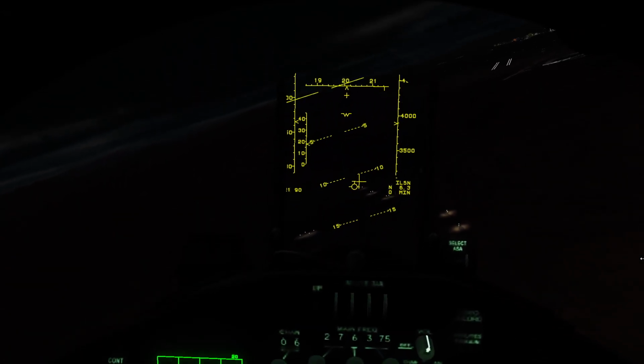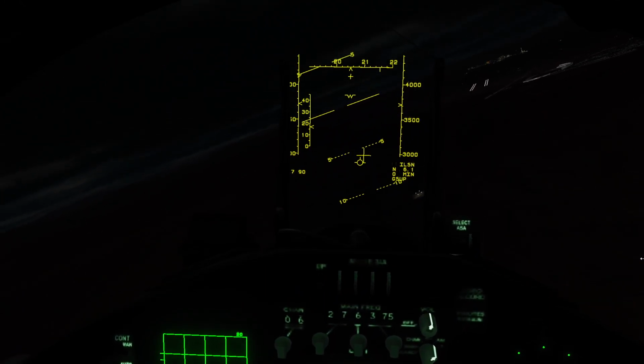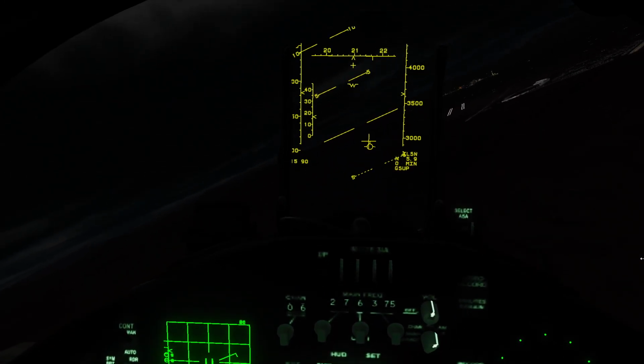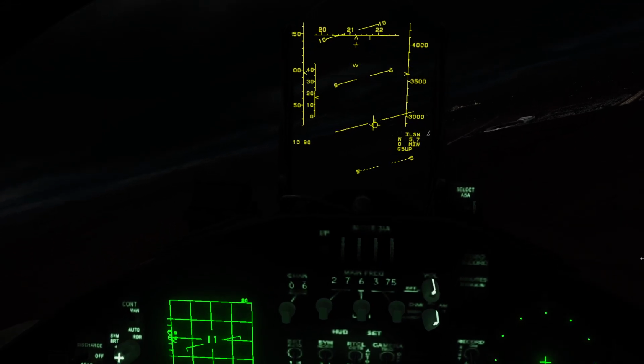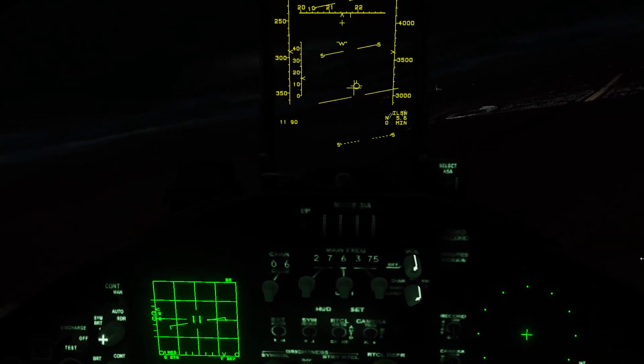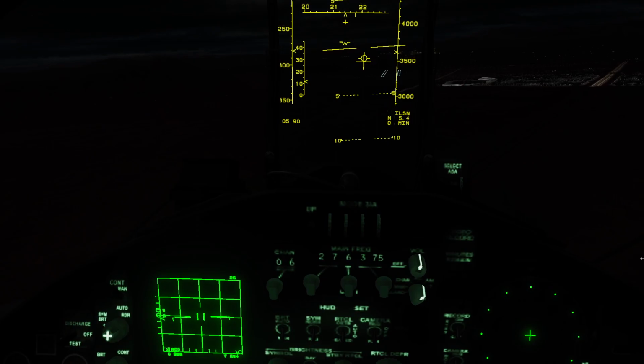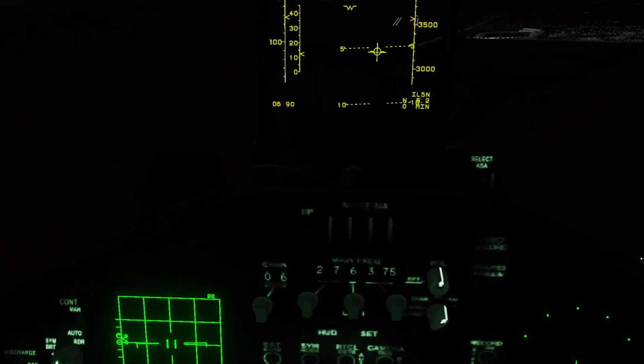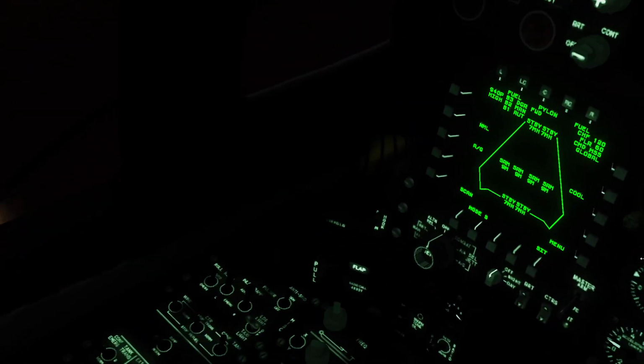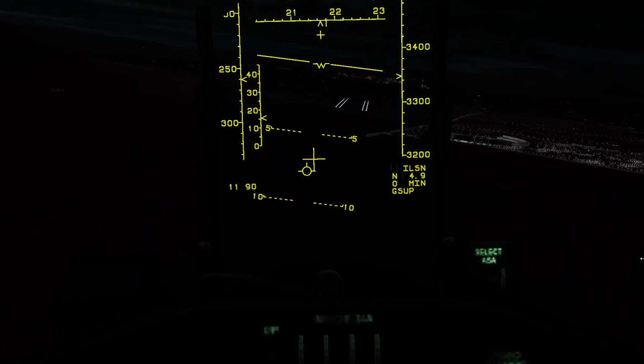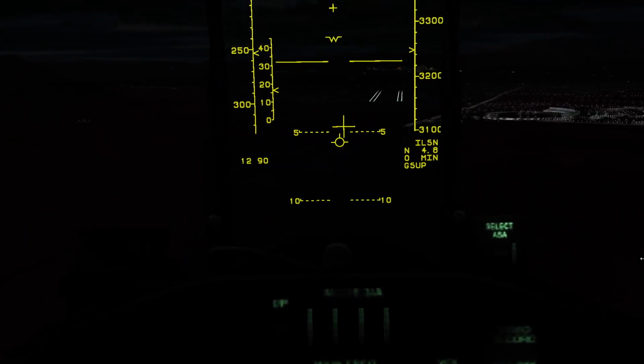It's coming up. Alright, 250, gear's coming down, start giving some gas.